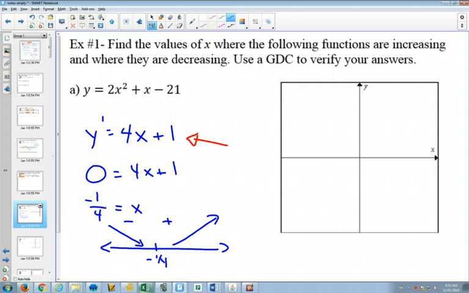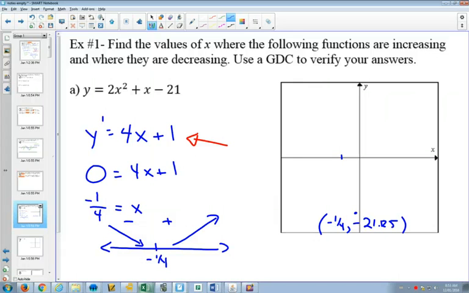Now, if we plug in -1/4 into our graph, I believe you get, I think I tried it earlier, maybe it's 125, I can't remember. We'll pretend that's close enough.